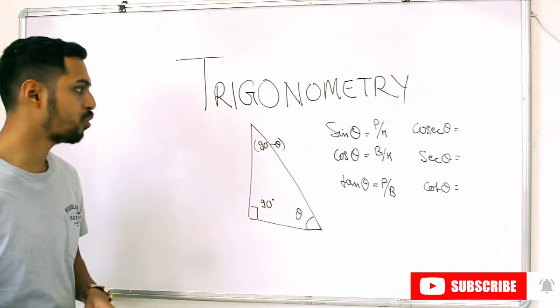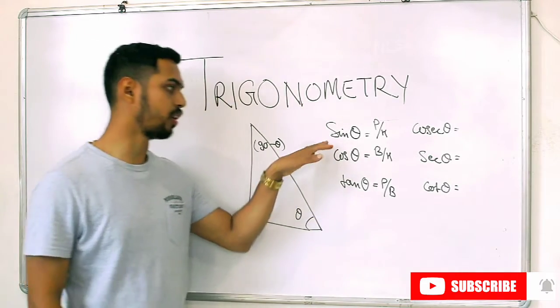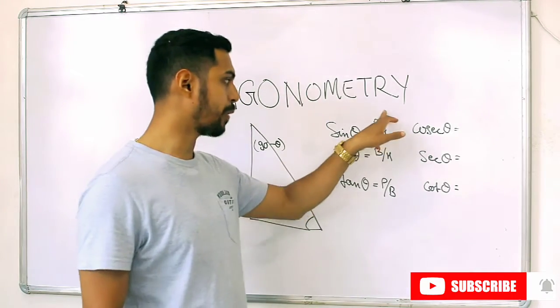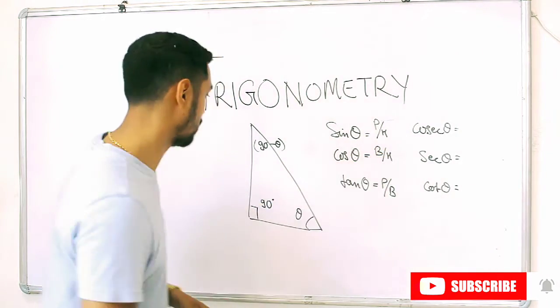Look, so the formula for the ratio of sin theta will be perpendicular by hypotenuse.